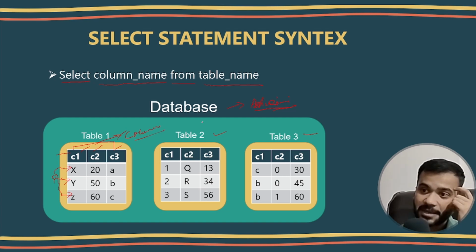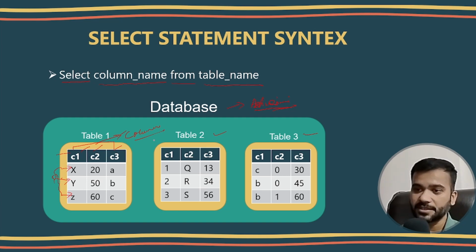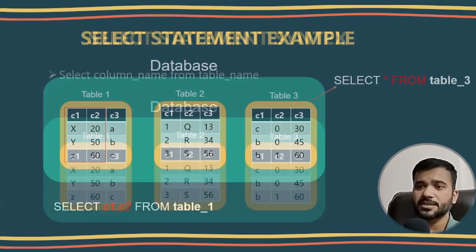Similarly, we have table 2 and table 3, and they have different records. Don't go by the column names; here I have taken C1, C2, C3 as examples, and you can take any other example. It's not that all tables have the same columns. I'm just giving you a little demonstration. So these are your tables, and this is your database. Let's see how we can use the SELECT statement in our next phase.